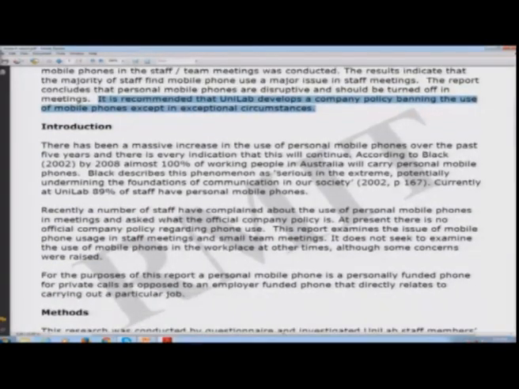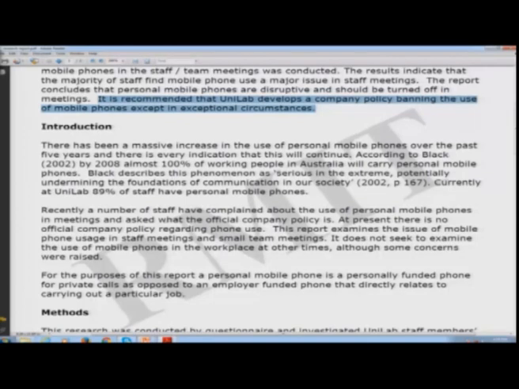Okay. Now, we move to the introduction. There has been a massive increase in the use of personal mobile phones over the past 5 years and there is every indication that this will continue. According to Black 2002, by 2008 almost 100% of working people in Australia will carry personal mobile phones.